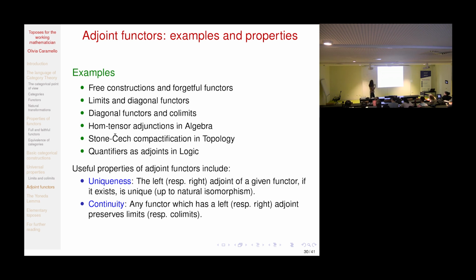Final example, very important for its applications to categorical logic, is the interpretation of the existential and the universal quantifier in terms of adjoint functors.